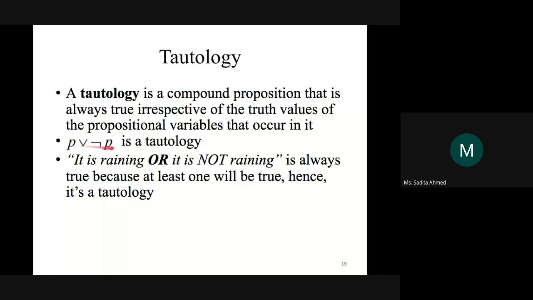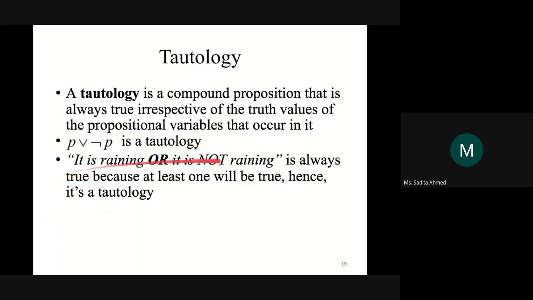Okay. In terms of natural language, if we represent the variable P with the proposition, it is raining, which can be true or not true. If this is not true, then what does it represent? It represents the proposition represented by not P. Not P is: it is not raining.